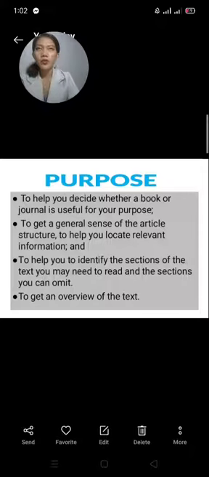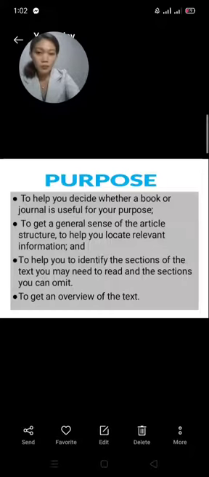For example, you are reading a book and you think that this paragraph is not relevant to your topic or to the information you need, right? So you can skip or omit that paragraph, then proceed to the next paragraph. And of course, getting an overview of the text gives you a hint that this book is all about, for example, love. So at least you have an idea that the book is all about love.